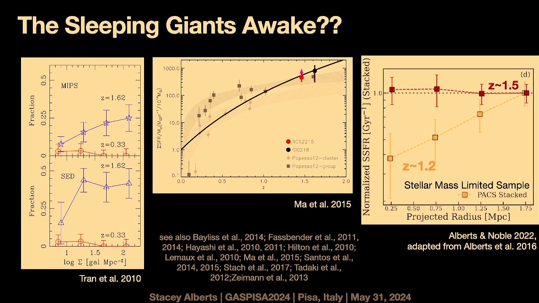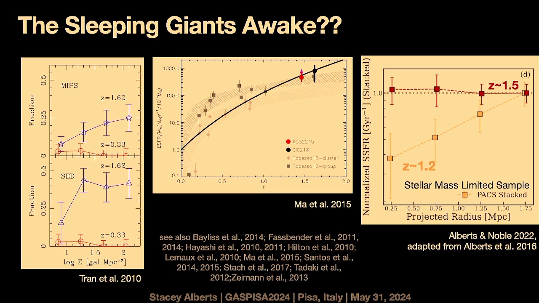We have a weakening of the star formation rate density relation in some clusters. That's shown over here in the star forming fraction with MIPS detections. We can look at the total star formation rate per halo mass in these clusters and see how it evolves with time.